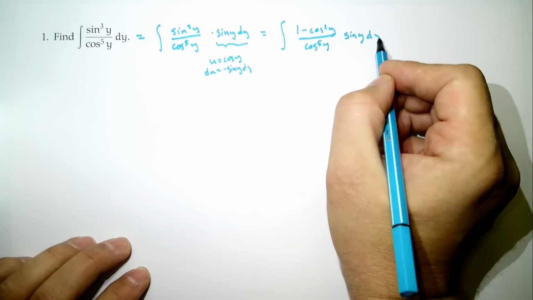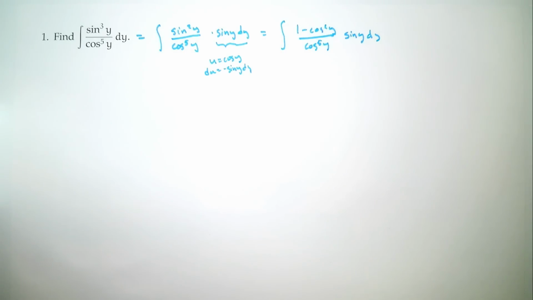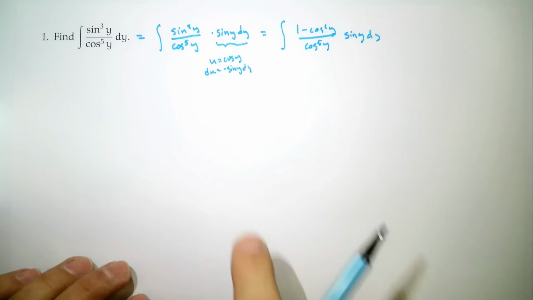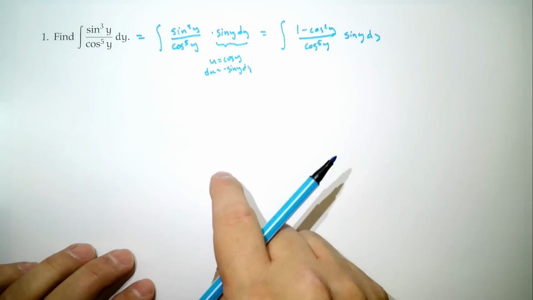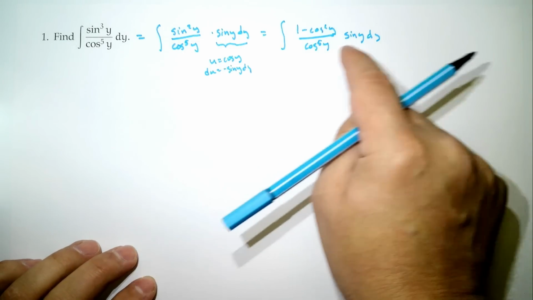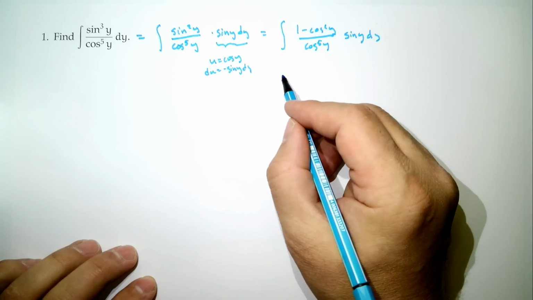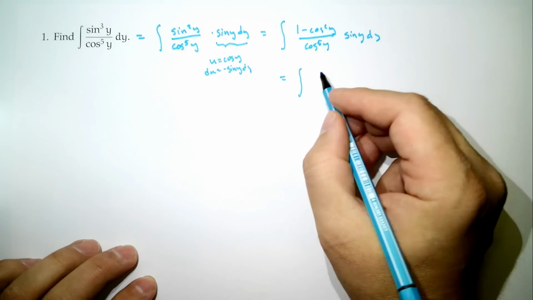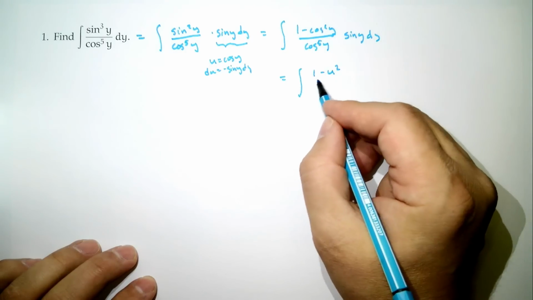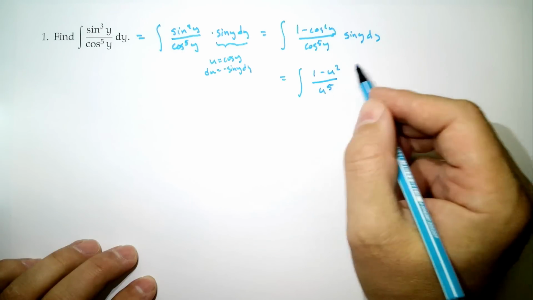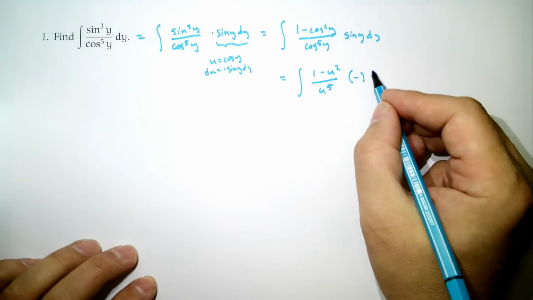And now we're really ready to go. We've written things all in terms of cosine, and then we have that one sine off by itself, right next to the dy. So we make our substitution. u equals cosine y. du would become negative sine y dy. And so if we make that substitution, we will get 1 minus u squared over u to the 5th, and then a minus du.